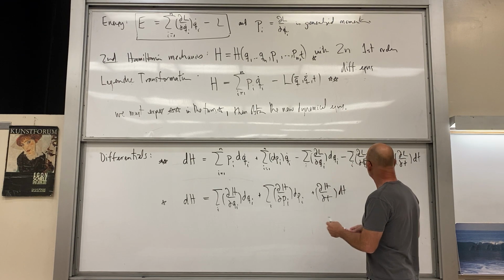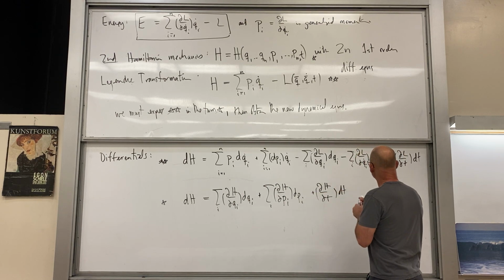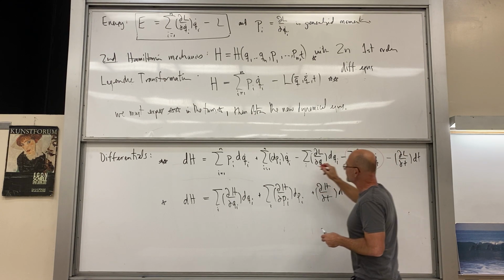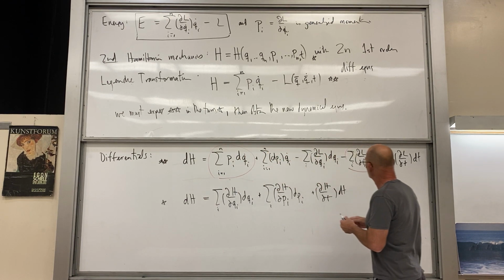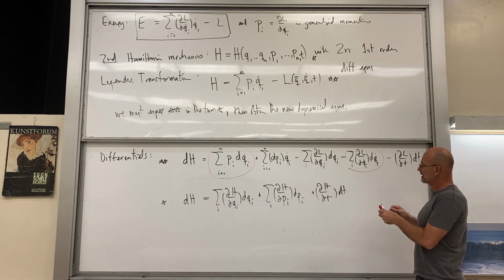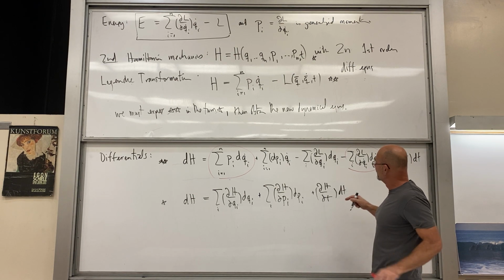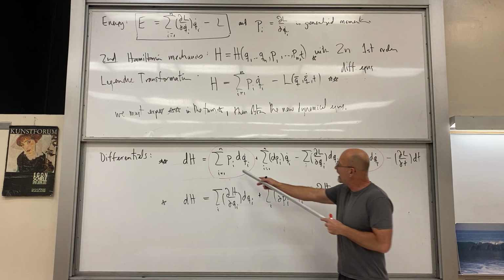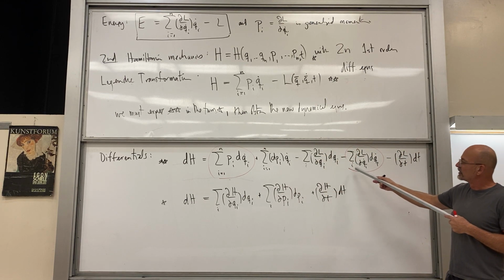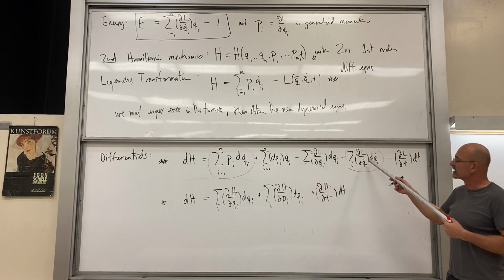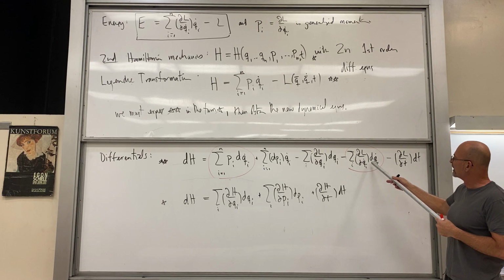Before we do that, we have these q_i dots that are missing down here. But we'll circle them, and what we'll see is that p_i is partial L partial q_i dot. So these two sums cancel against each other. P sub i is partial L partial q_i dot.